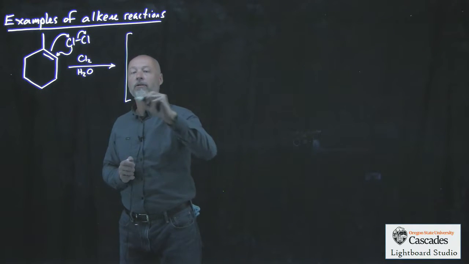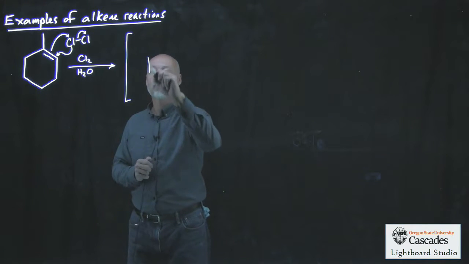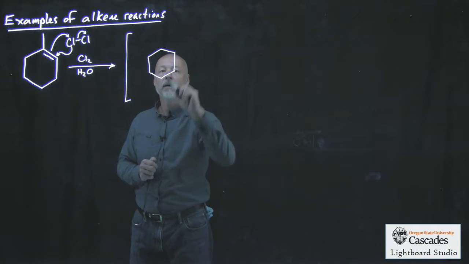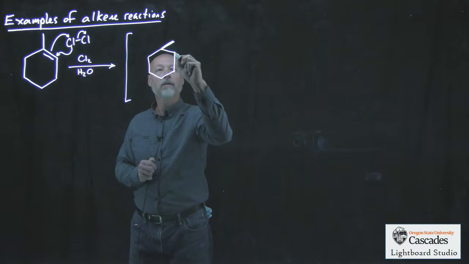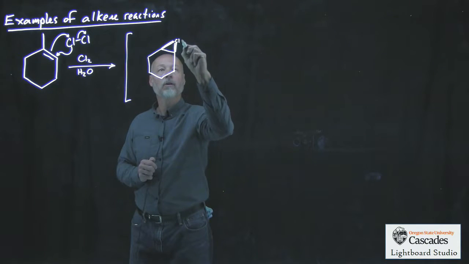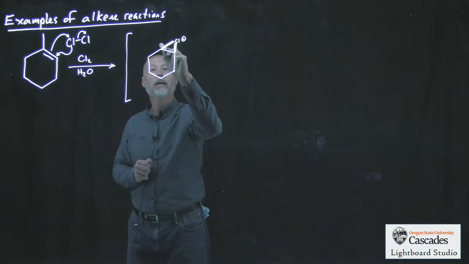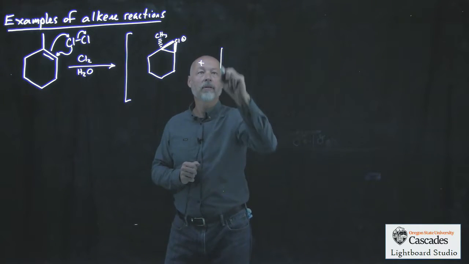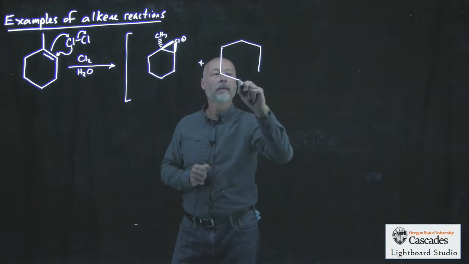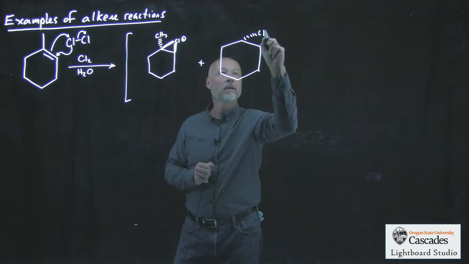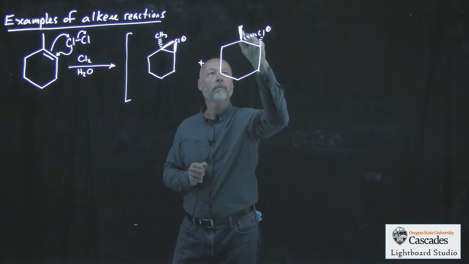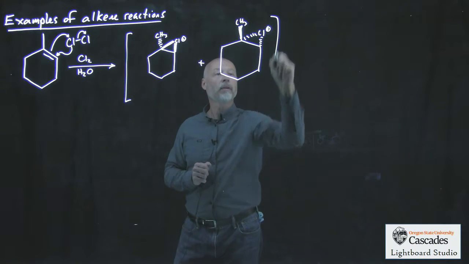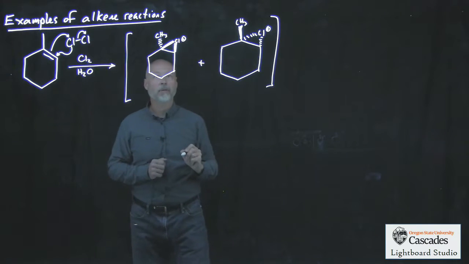This forms two intermediates in this situation because the attack can occur in the front from the chlorine to create the cyclic chloronium ion, placing the methyl group in the back, or the opposite, where the cyclic chloronium ion is formed in the back, and our methyl group therefore is forward. So here are our two intermediates that form initially from the first step of the reaction.